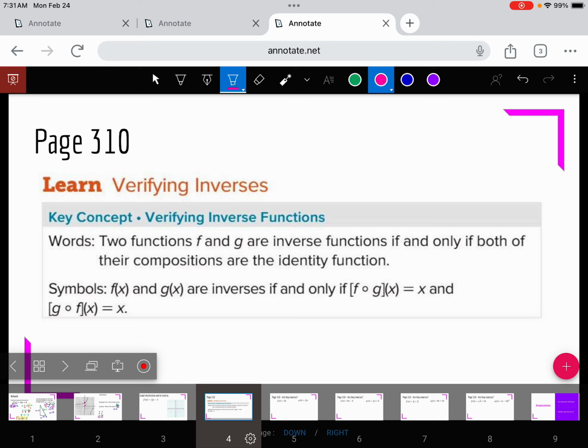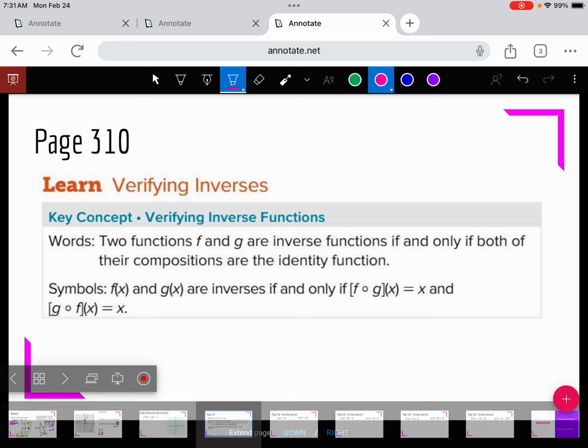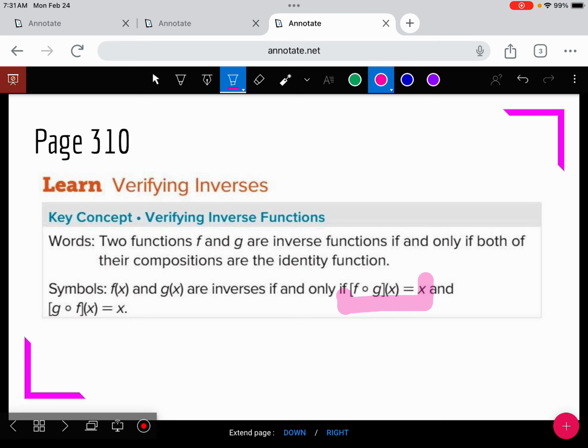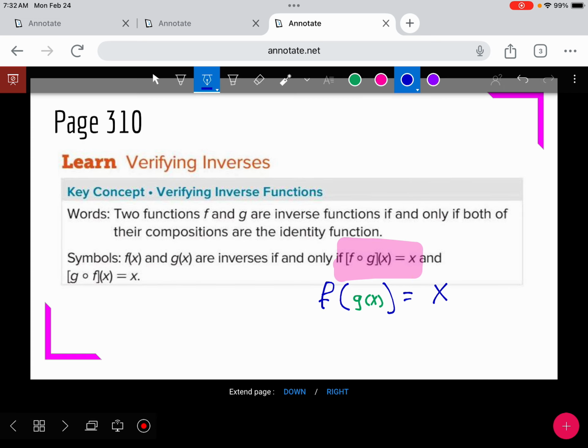And the way we can test if things are inverses is if, when we do our composition, like f of g of x, it simplifies down to be x.